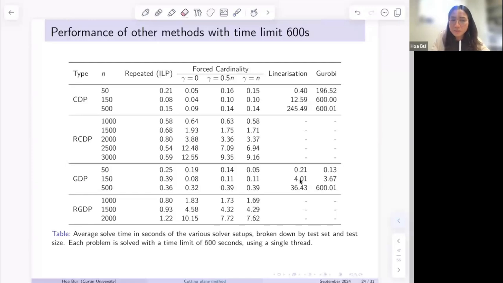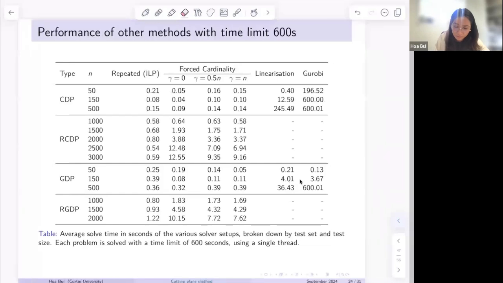But it turned out that repeated ILP is actually faster, because each of the ILP models is not expensive to solve, and the quality of the cut we get after we finish one solve is actually strong. That's why we just require 7 iterations in general, which means that we only solve 7 times. So the cuts are stronger than the lazy approach.